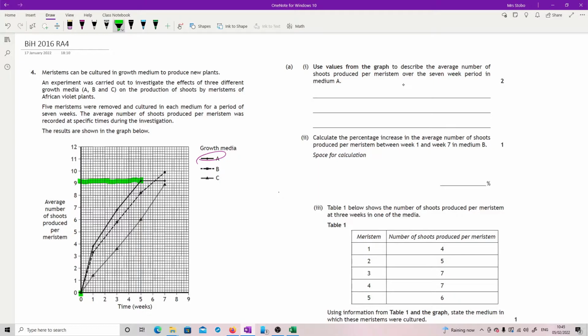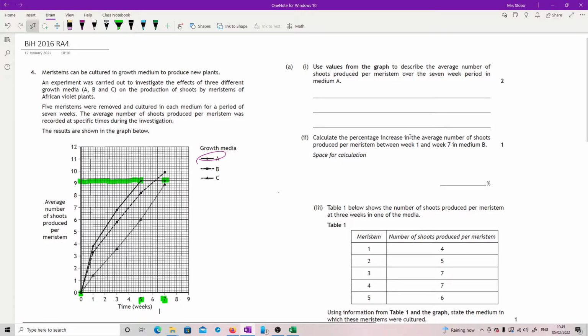So from 0 to 9.2 in 5 weeks, and then remained the same. That's it. There's nothing else to that one. So you're literally just looking at 3 points. Your 0, your 5 weeks, and remains the same to 7. Just make sure you're clear it's weeks and shoots.